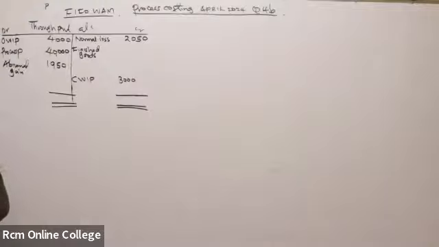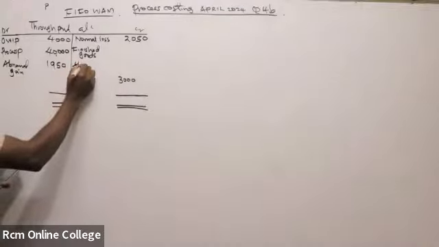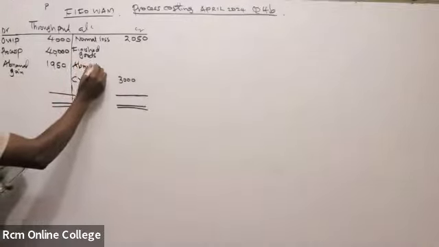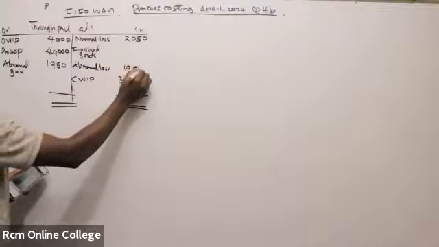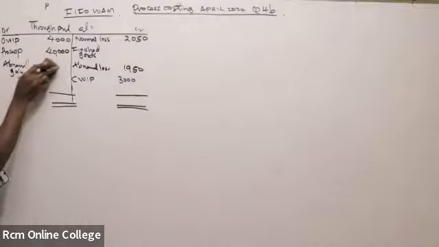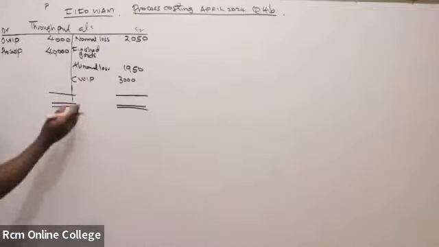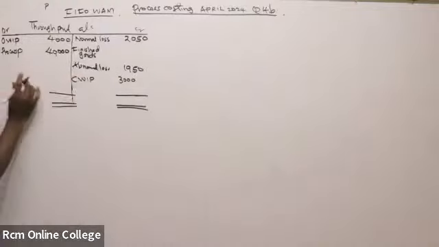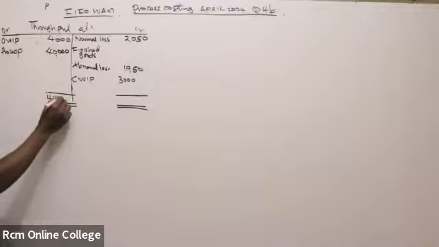4,000 plus 40,000. Sorry, that should be abnormal loss. Sorry for that. Because you don't have abnormal gain, definitely this is the total amount, that is 44,000.